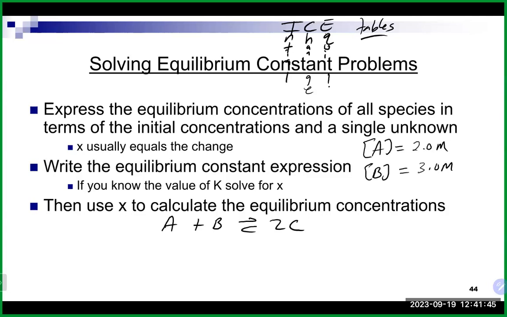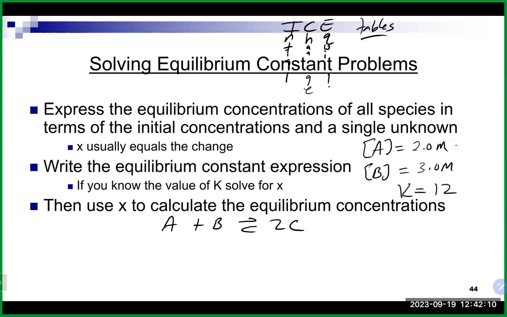So we have these concentrations. This is really all that's given to us. We may also be given an equilibrium constant value, which is very commonly given. So let's just say the K value here is 12. In order to solve this, what we would be looking for is the equilibrium concentrations of everybody when they reach equilibrium.